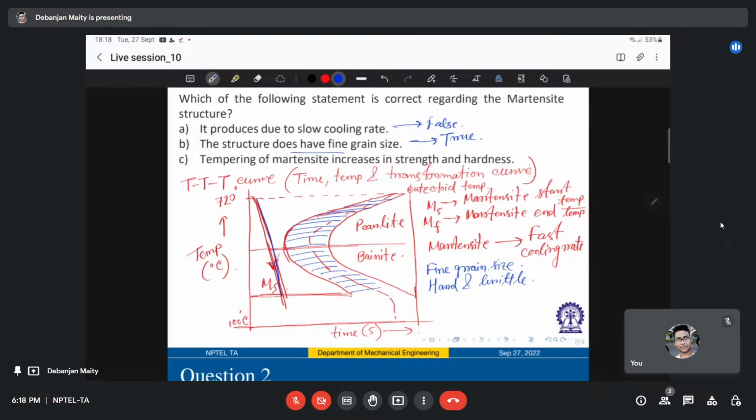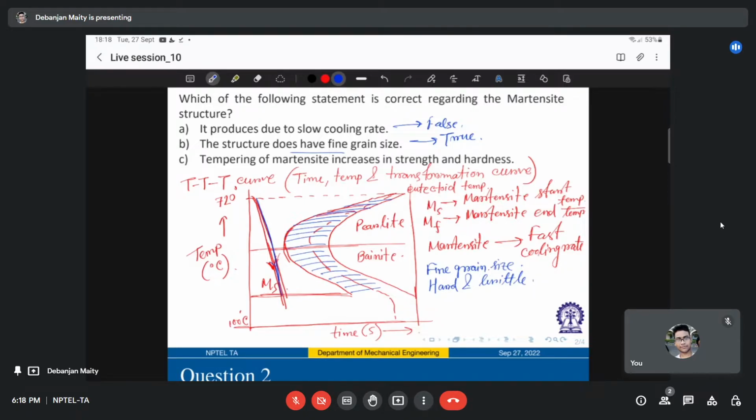And now if you do some kind of heat treatment on martensite, martensite is tempered and it can transform to ferrite and carbide. During tempering, it can reduce the hardness, reduce the yield strength, and enhance the ductility, right?